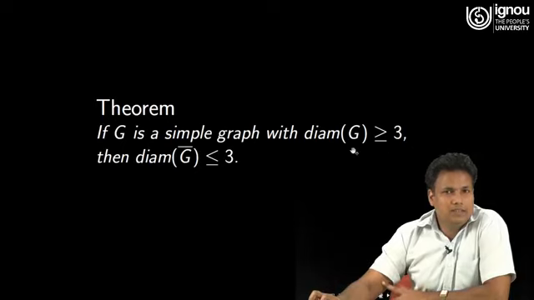Now, this means that G has at least two vertices, say U and V, which are at a distance of 3, and we shall use this pair to conclude that the diameter of G bar cannot be more than 3.